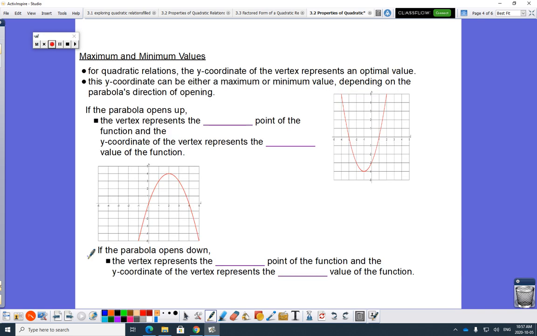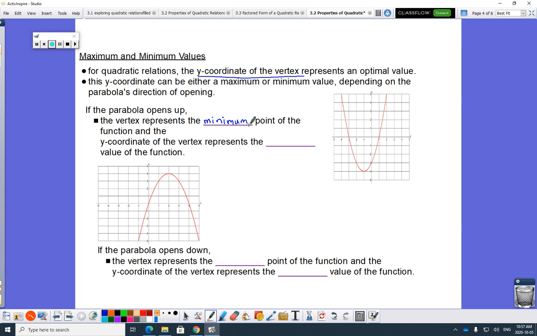So when you have a maximum or minimum value, again, we're looking for the y coordinate of the vertex as the maximum or minimum value. So if the parabola opens up, then the vertex is the minimum. I tried to make it like this goes with this and this one goes with this.